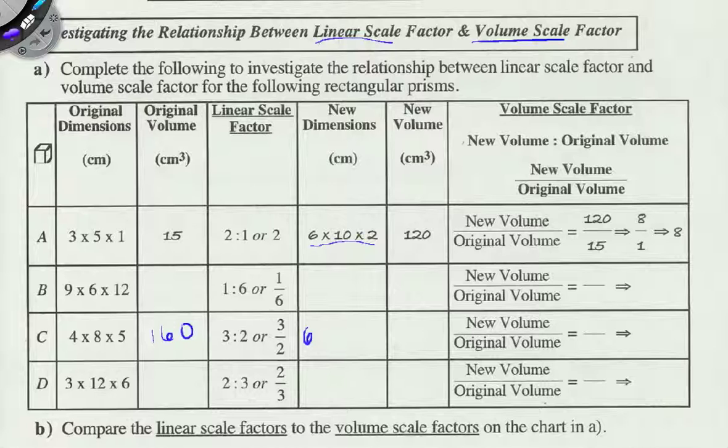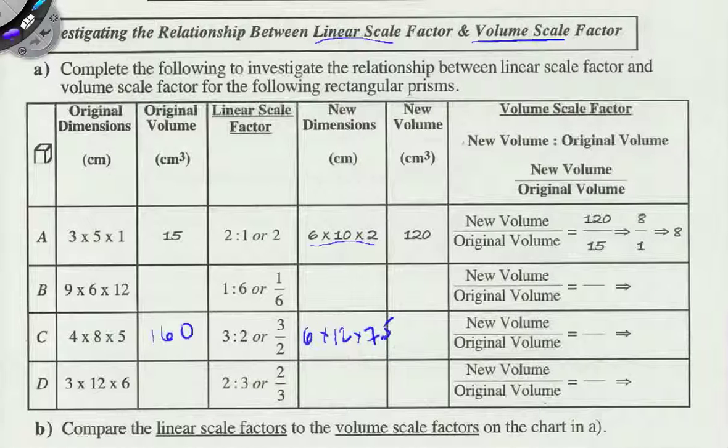And then it's really 1.5 times, isn't it? So 8 times 1.5 is 12, and 5 times 1.5 would be 7.5. Those would be the new dimensions. What's the new volume? Well, I may have to get my calculator out for this, but I think 6 times 12 is 72.